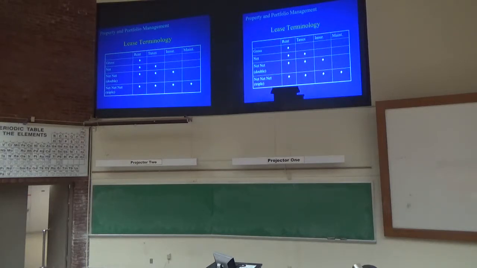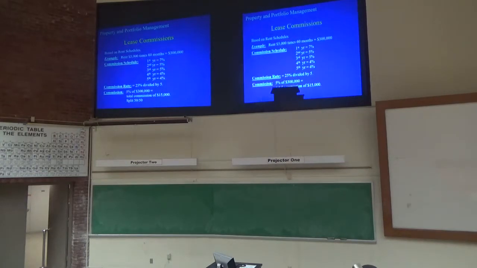Okay? But there are triple net leases in office in really good markets, like Rodeo Drive, or parts of Marin, where the market is so tight and the landlord has so much control. They say, no, we're not paying for all that other stuff, you're paying for everything. And they can get away with it.